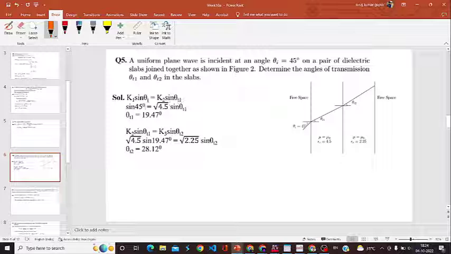Here k1 remains the same because it's free space. I have written k2, that is the propagation constant of media 2, in terms of k1, so I am directly cancelling k1 from this expression and writing root 4.5 here.